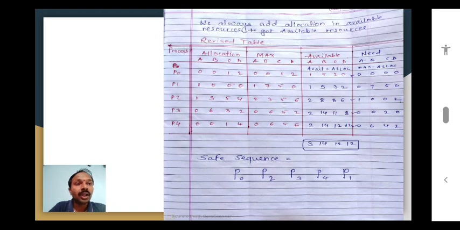Now for process P1, subtracting 1 from 1, I get 0, then 7 5 0. Again for process P2, in the max column we have 2, 3, 5, 6. From them I subtract 1, 3, 5, 4, and I get the answer 1, 0, 0, 2.